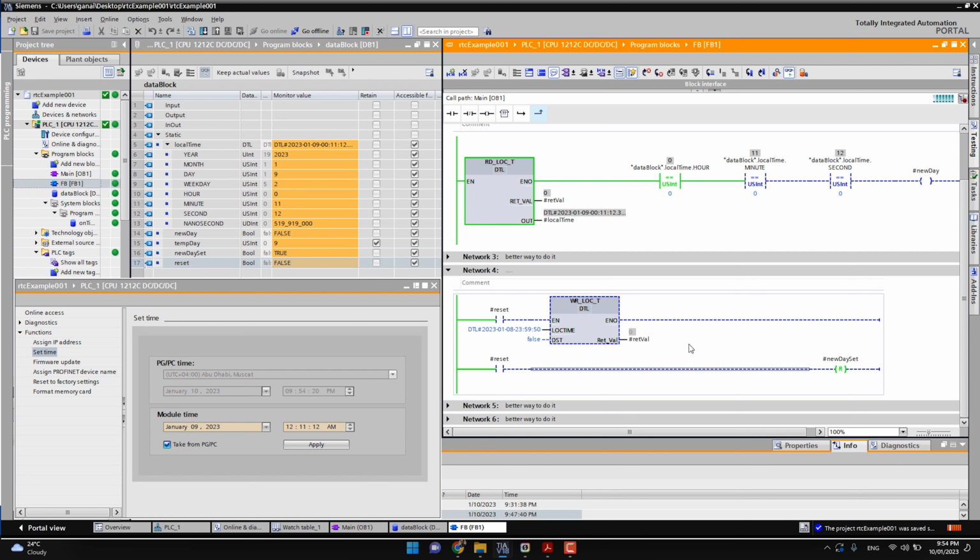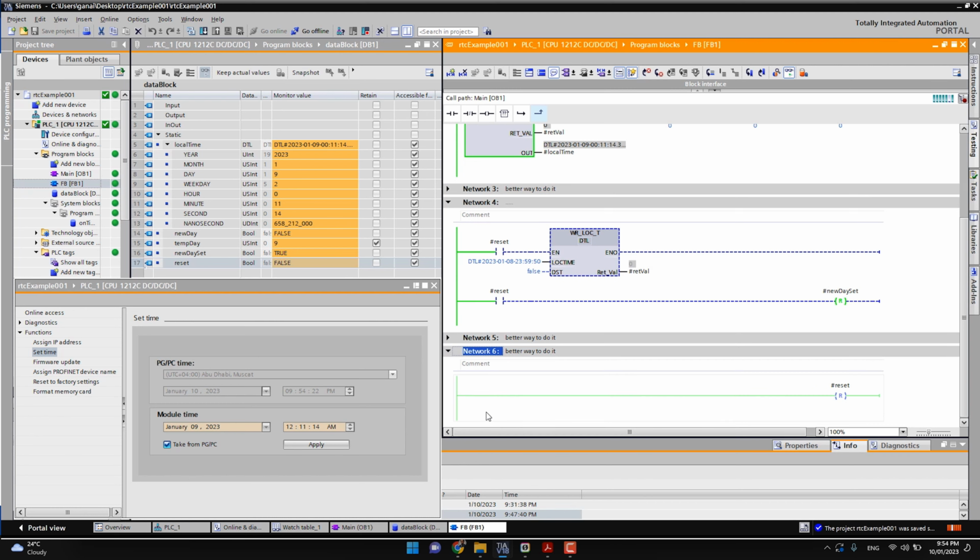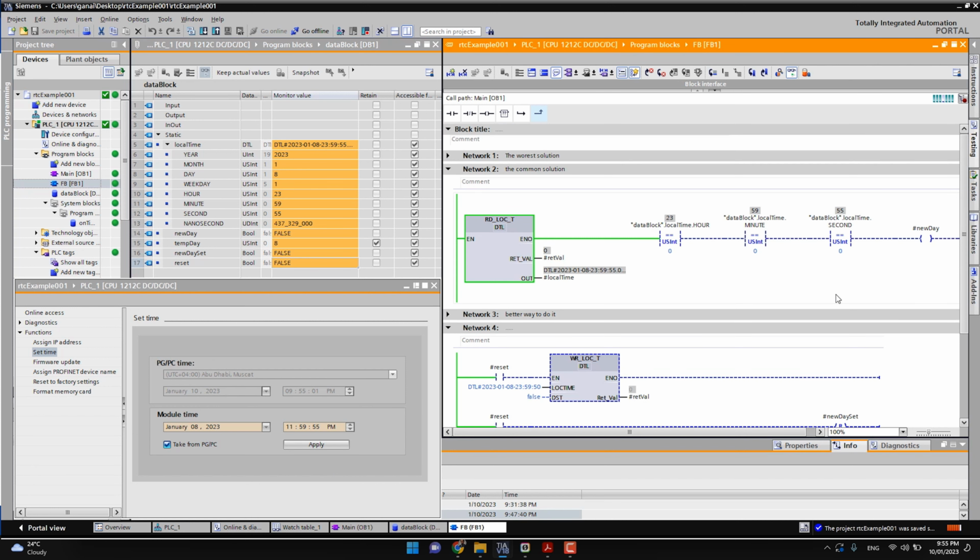And back again, I am releasing the reset because I just need the reset for only one cycle, so I don't have to keep toggling the reset on and off. So let us try the reset. Double click and you see we have 10 seconds before the 0 clock. I will go up again and you should have a trigger here.